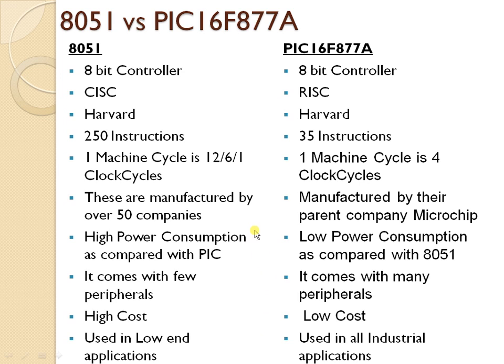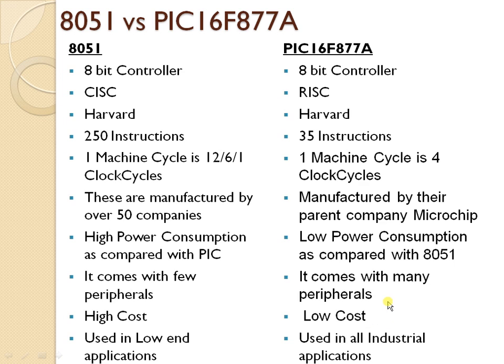As I told you, the manufacturer of this particular PIC is only the parent company, that is Microchip, whereas Intel has distributed the 8051 architecture to many organizations, so they can design their own microcontrollers based on this architecture. PIC consumes low power as compared to 8051, and 8051 consumes high power as compared to PIC.